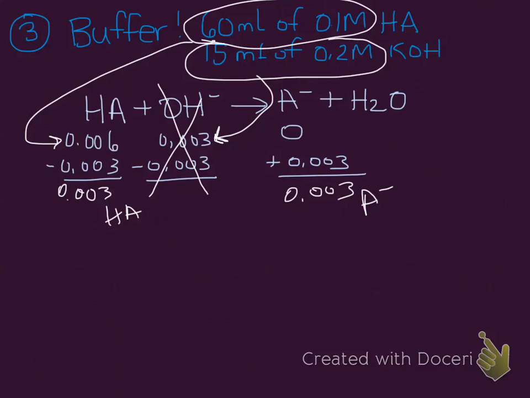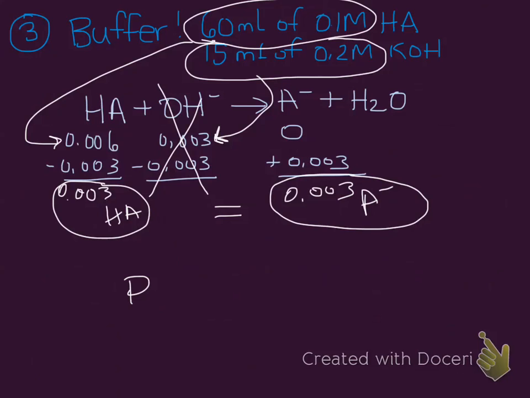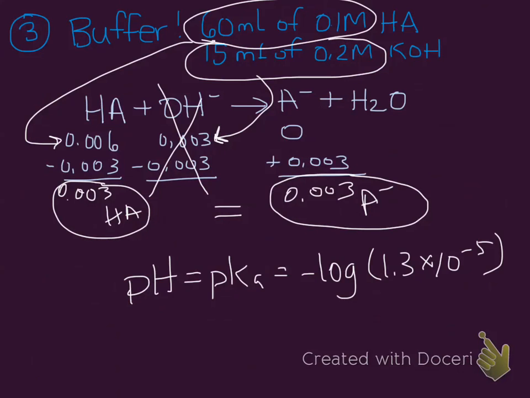And this is going to be a very, very important point, because where the moles of HA equals the moles of A minus, that means that your pH is directly equal to your pKa. So you can just take the negative log of the 1.3 times 10 to the negative 5.